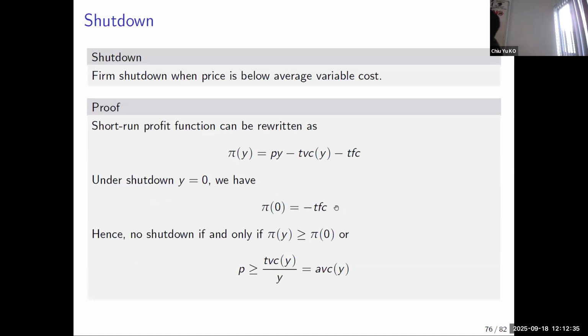And that's why I said, in this undergraduate class, the firm shuts down when the price is below the average variable cost. But not the average cost. In the long run, the firm exits when the price is below the average cost.